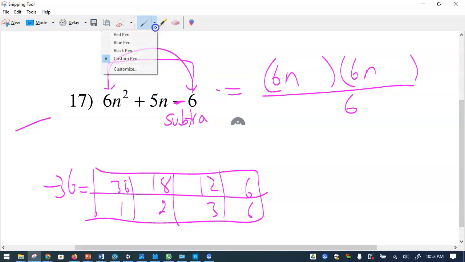Among these, you look out for the one which, when you subtract, gives 5. And I think I missed that 4 also divides, right?